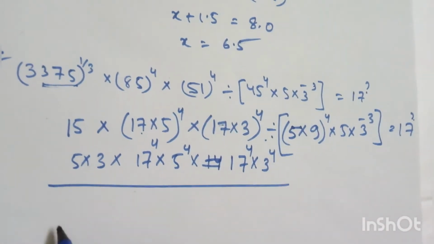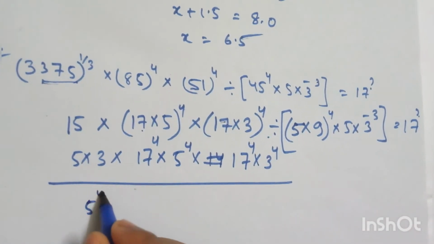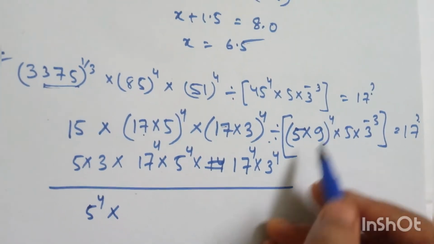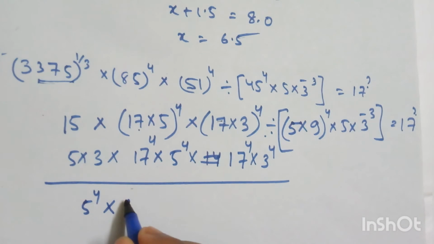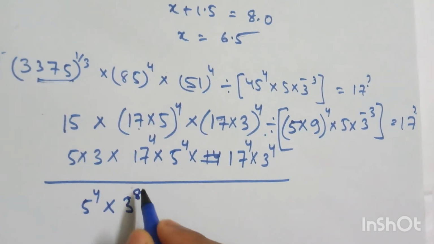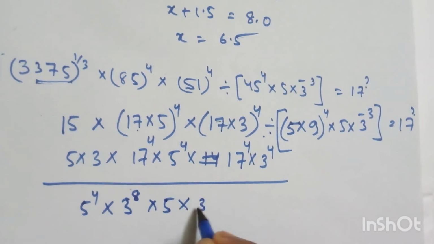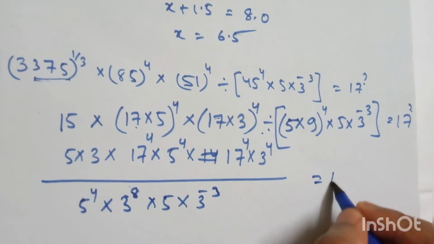So 5 to the power 4 into 3 squared into 4 means 3 into 8, into 5 into 3 to the power minus 3, equal to 17.